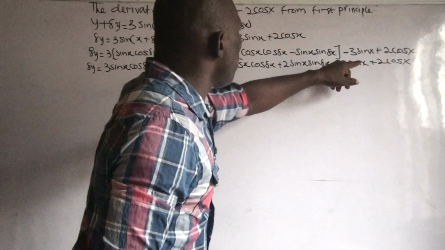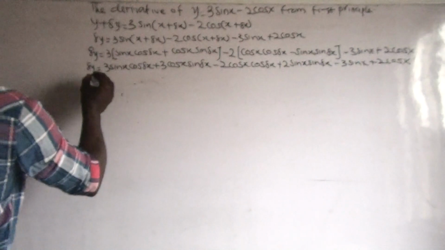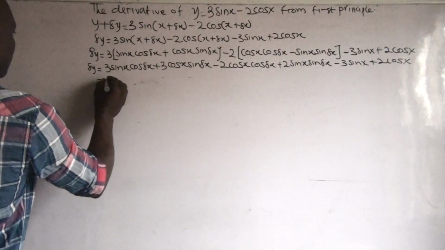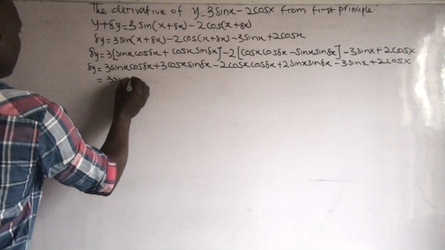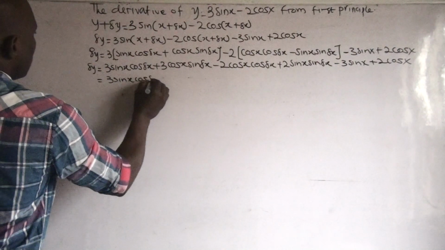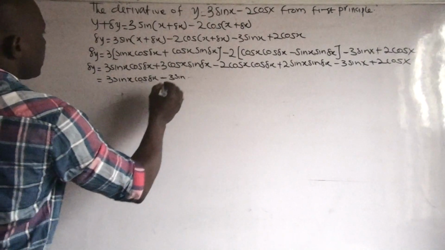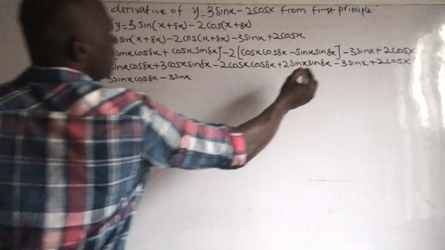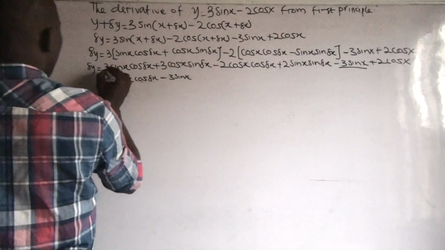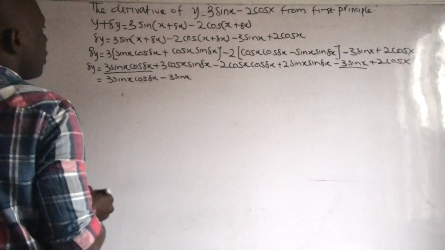So here we bring these terms together: 3 sin x cos delta x minus 3 sin x. That is these two terms.